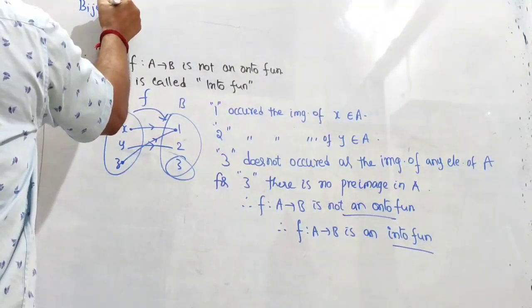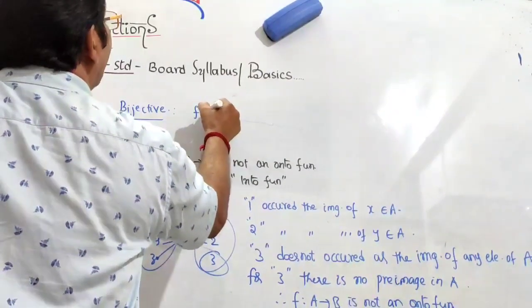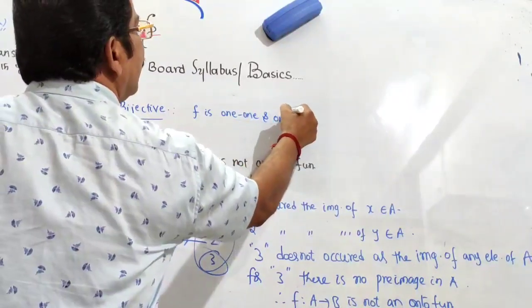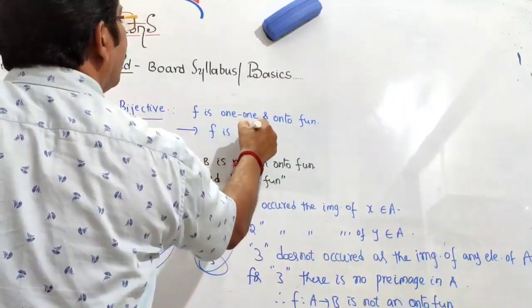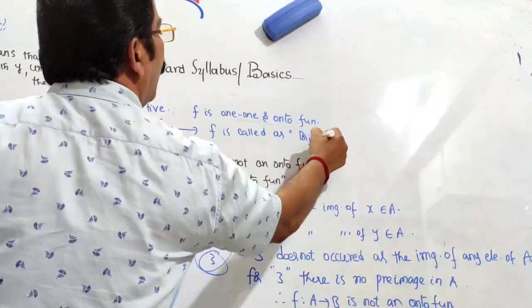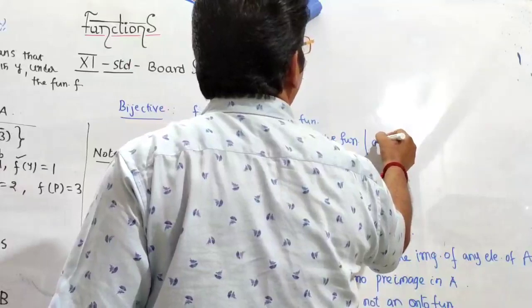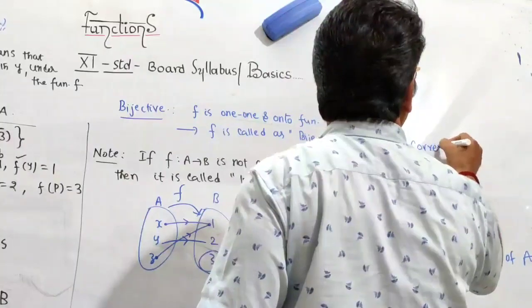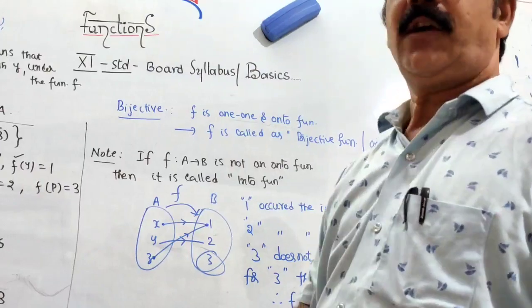Bijective function. Bijective means if f is one-one function and onto function, then f is called a bijective function, or one-one correspondence.